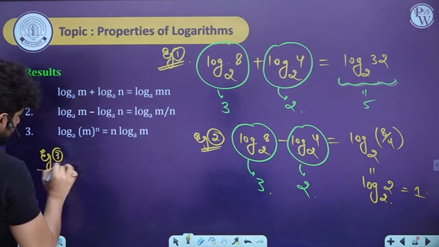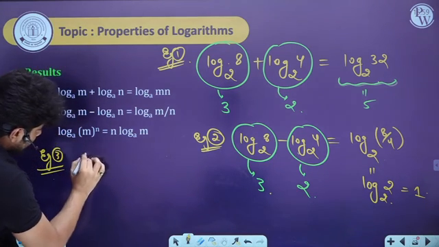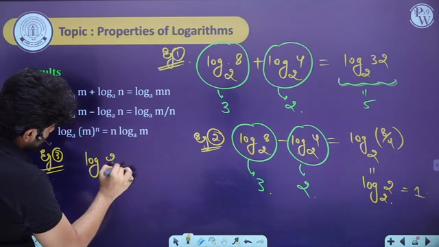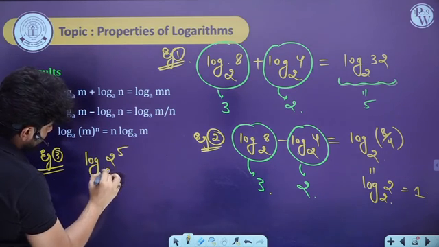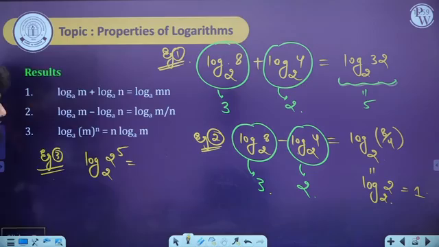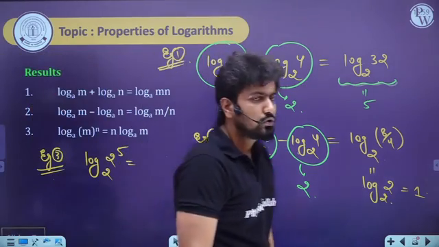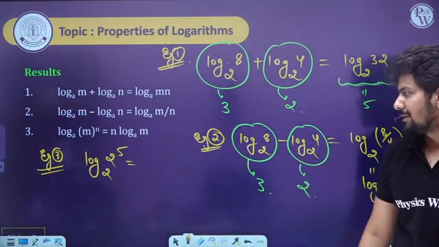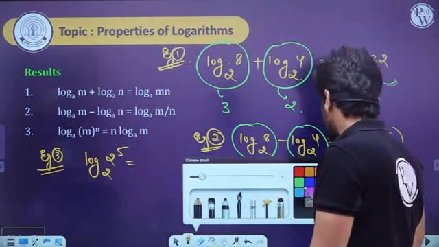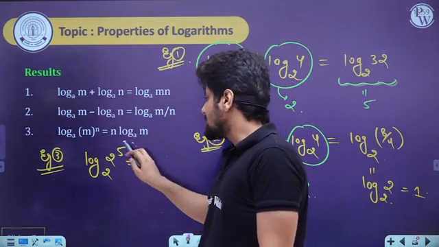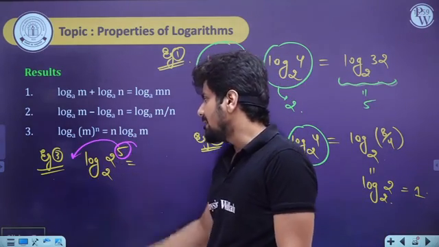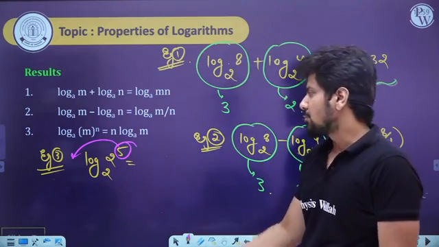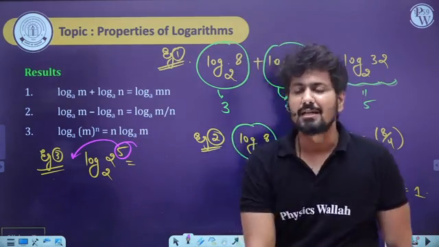Example 3. Suppose it is written log of 2 raised to the power 5 to the base 2. This property says that you can send this power 5 into the multiplication.